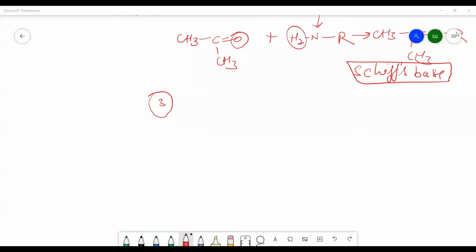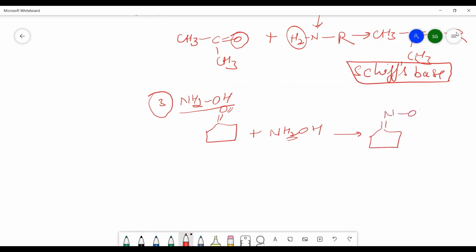Now we will discuss hydroxylamine, another compound, that is NH2OH. That will be the structural formula for hydroxylamine. Now, if you take cyclopentanone and you add NH2OH, again you will see H2 and oxygen will be removed and we will get double bond NOH.